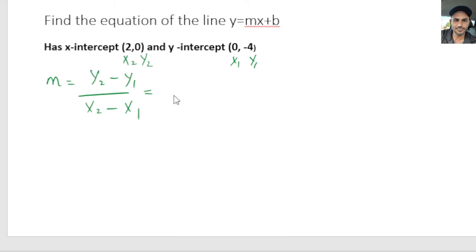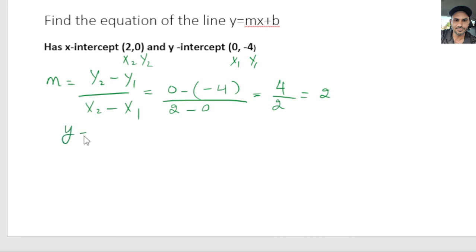So y2 is 0 minus y1 is -4, x2 is 2, and minus x1 is 0. So if we look at it, simplify this negative and negative, negative times negative becomes positive 4 on top, and we have 2 here, and this is 2. So m is equal to 2.